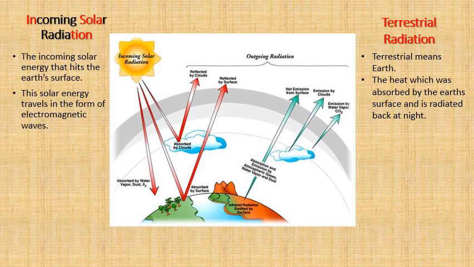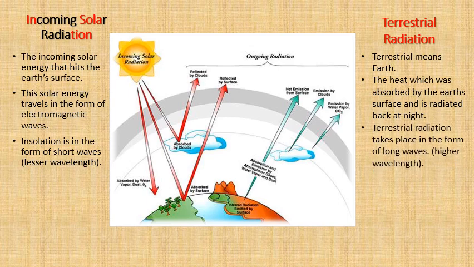But long waves like ultraviolet or infrared radiations have a longer wavelength. So incoming solar radiation travels in the form of short waves, or lesser wavelength, while outgoing terrestrial radiation takes place in the form of long waves, or higher wavelength.